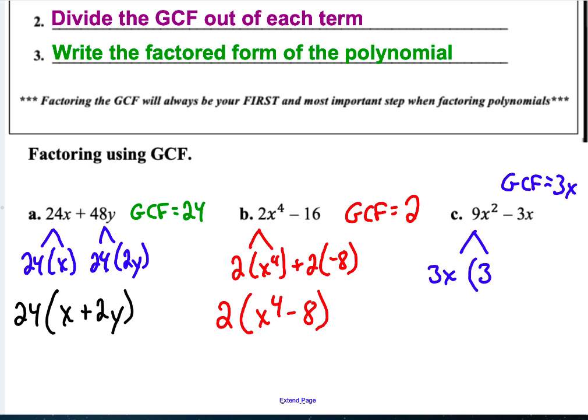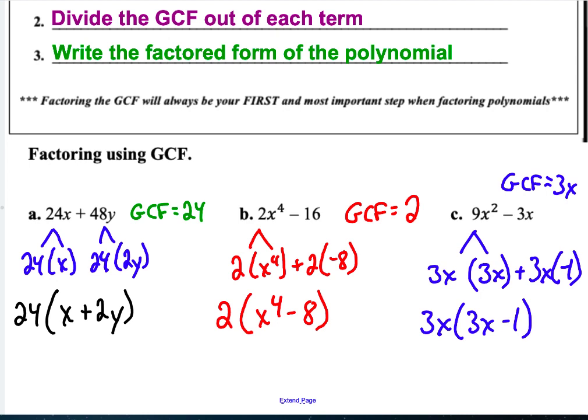That leaves me with 3 and an x, because 3 times 3 is 9, and x times x is x squared. Then I can pull a 3x out of the last term, but I'm left with a negative 1. So each term could be divided by that 3x. That 3x slides out front, and then the 3x minus 1 remains on the inside.